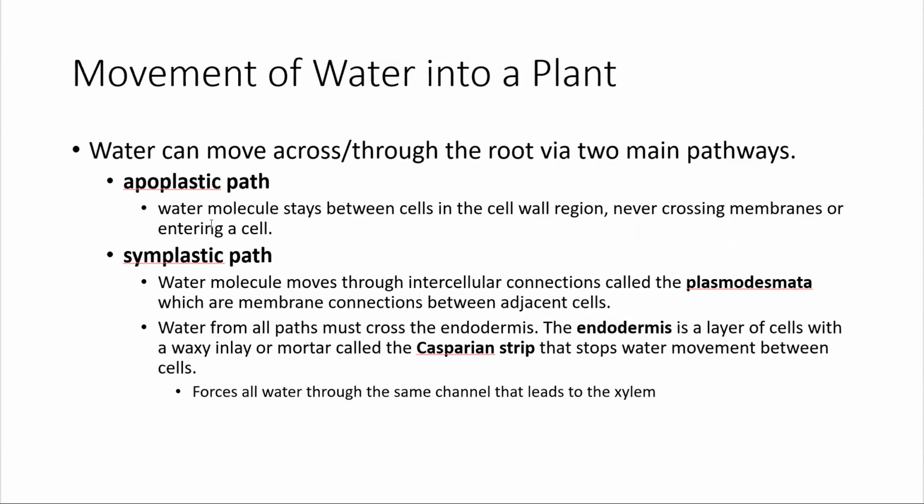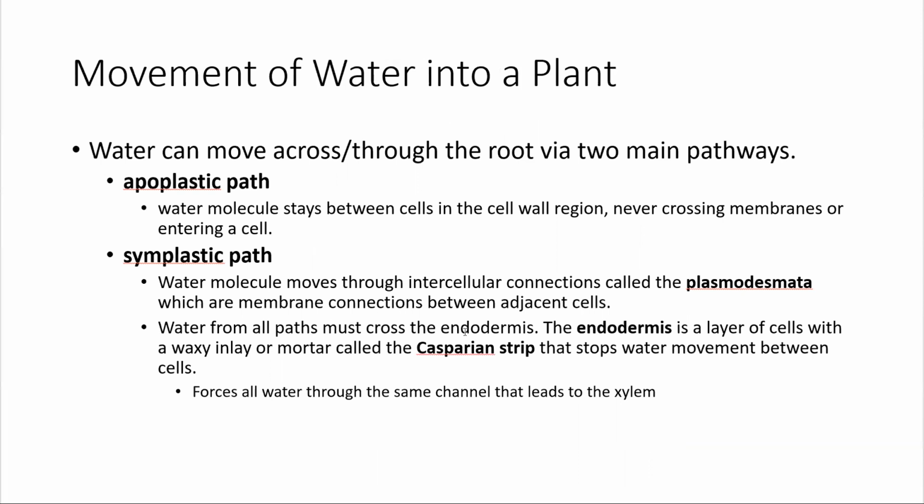Again, an apoplastic water molecule stays between cells in the cell wall region, never crossing membranes or entering cells until it gets to the endodermis. The symplastic movement of water is water molecules moving through intercellular connections called plasmodesmata, which are membrane connections between adjacent cells.